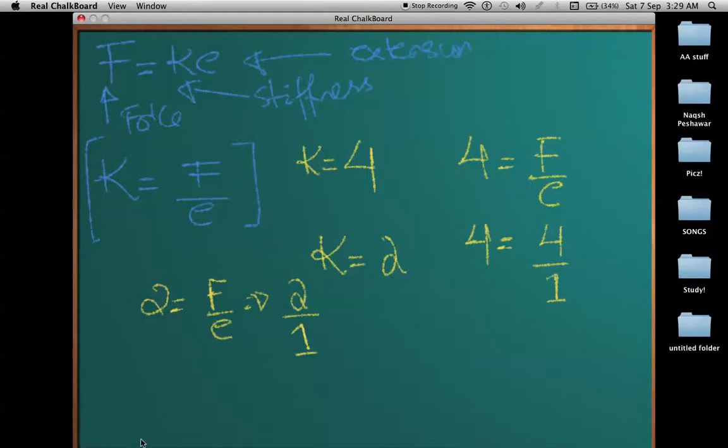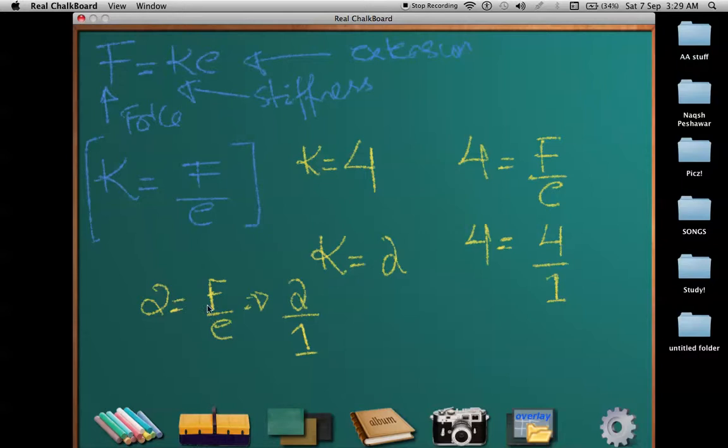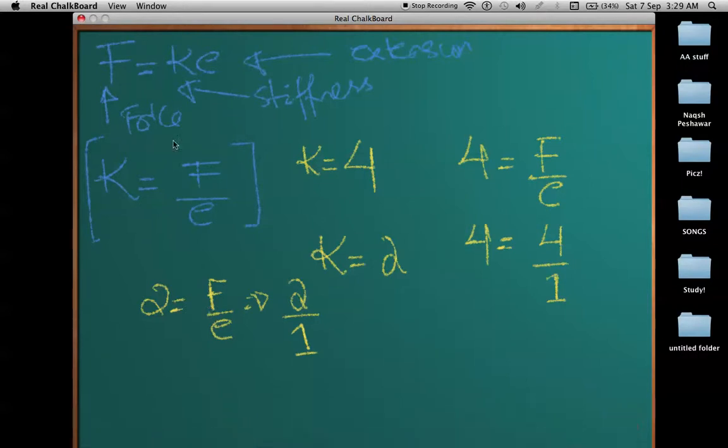Now if you analyze what I have done here, I have tried to make you imagine how the stiffness is working. When the stiffness has a greater value, the force was 4 newtons and the extension was 1 meter.